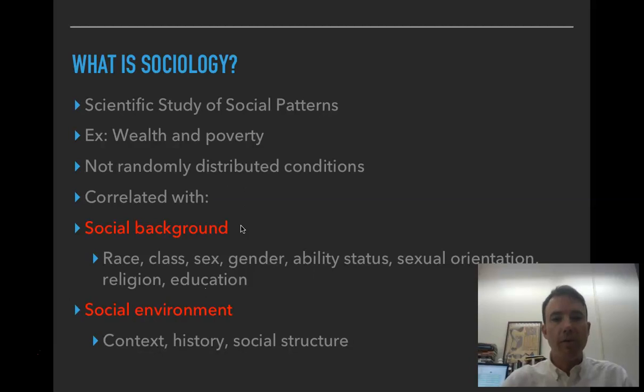So we'll be expanding on these items, but just to recap, we're looking at these two conditions, an abundance of resources being wealth and the lack of resources being poverty, and how they relate to social background and social environment.